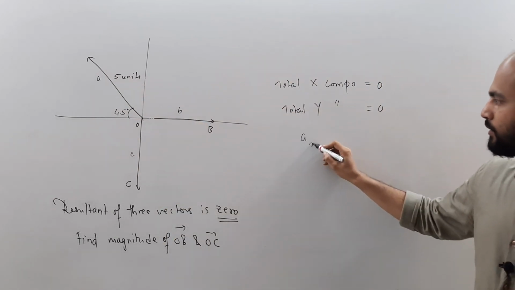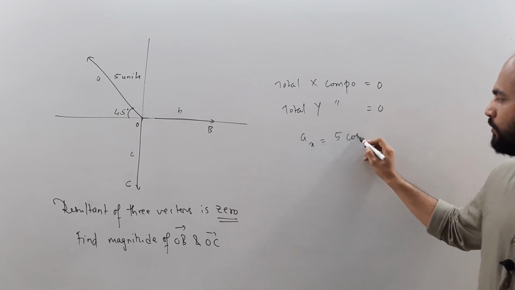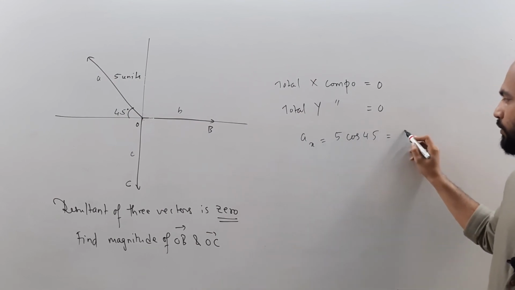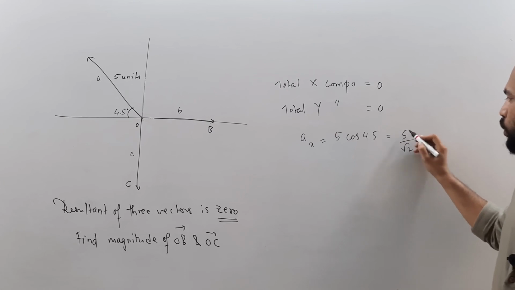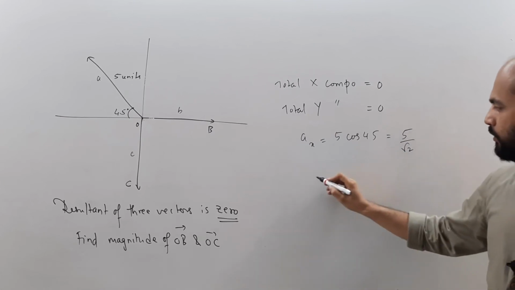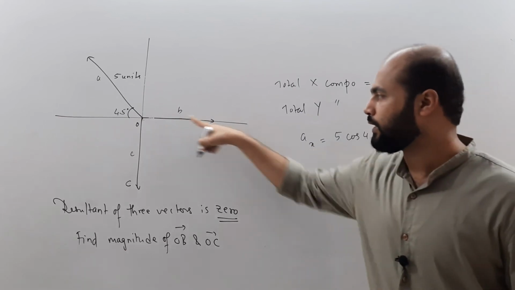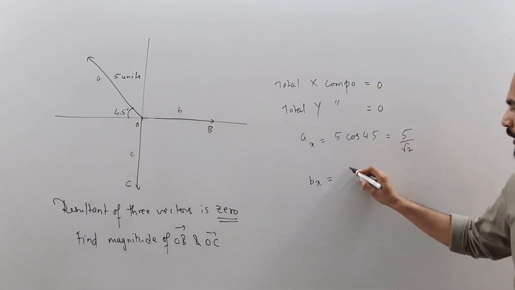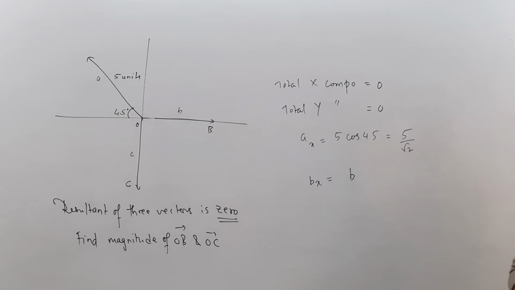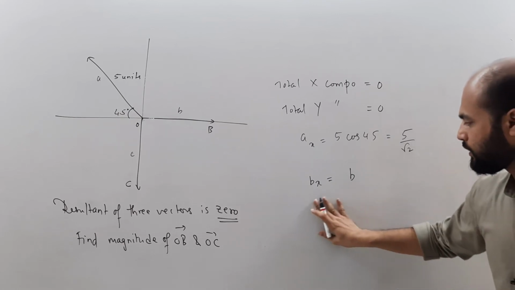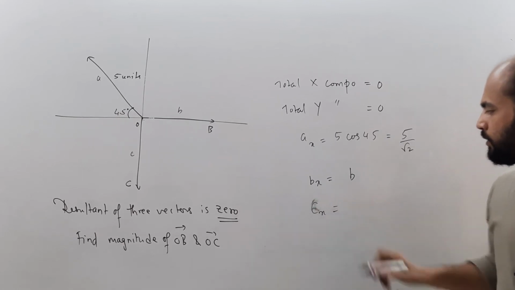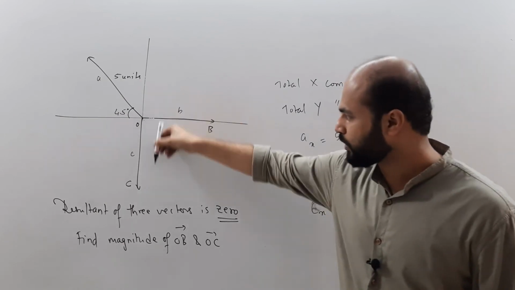So Ax is going to be 5 cos 45 according to the definition. So it is 5 by root 2. Bx is going to be in this direction. Let us call it B. And Cx, you can see that the vector is totally vertical.